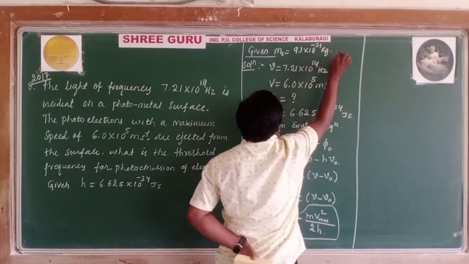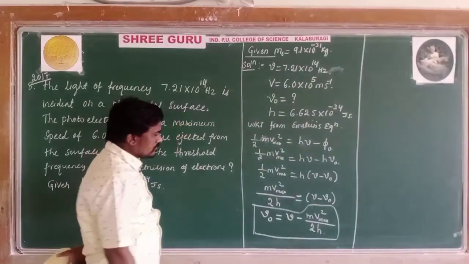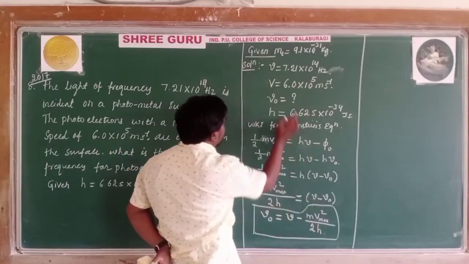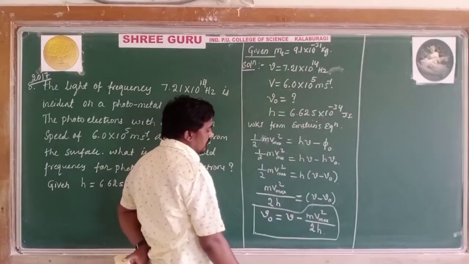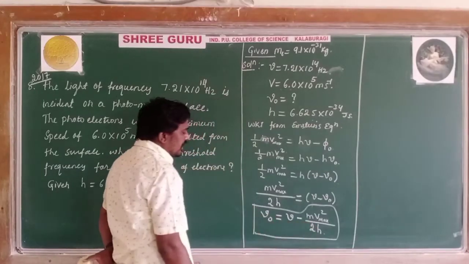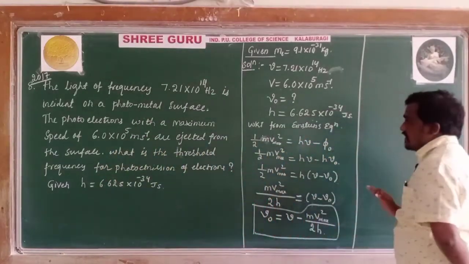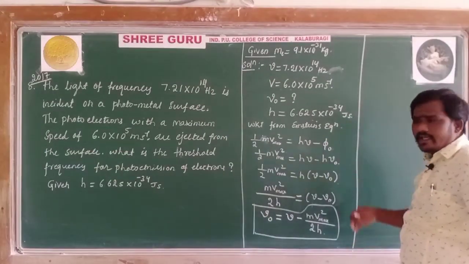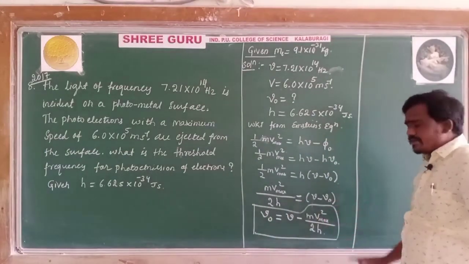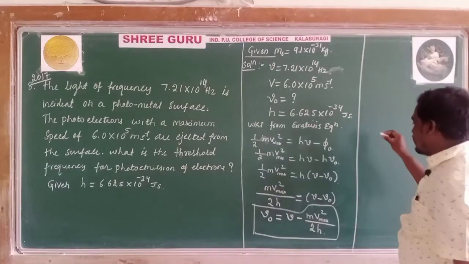And already they mentioned the velocity, that is 6 into 10 to the power 5, and also the h value. Just substitution and calculation remain. Up to this is important. Now it is very easy. Just substitute and find the final answer.